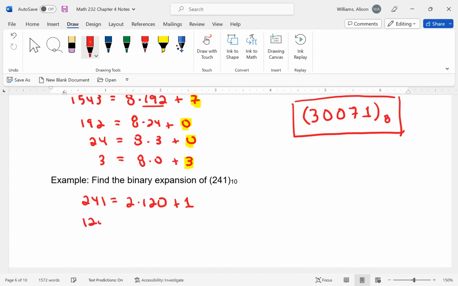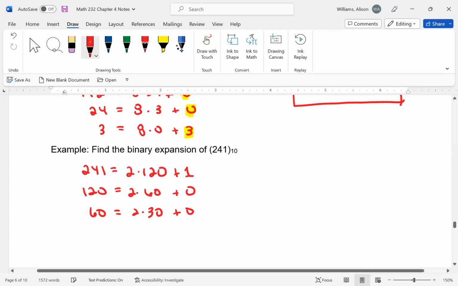Okay, and then I'm going to take 120 now and divide it by 2, which is going to be 60 plus 0. And then 60 divided by 2 is 30 plus 0. 30 divided by 2 is 15 plus 0.